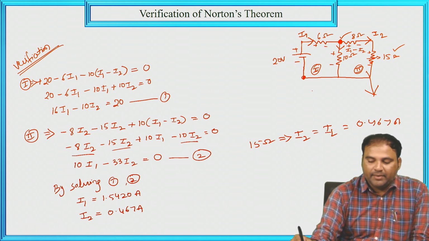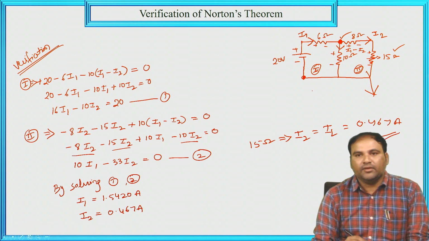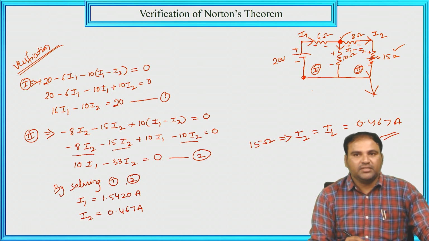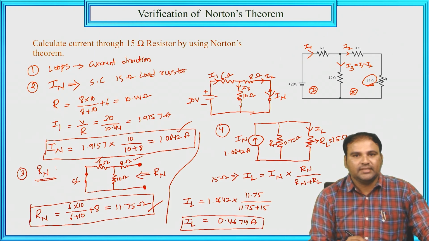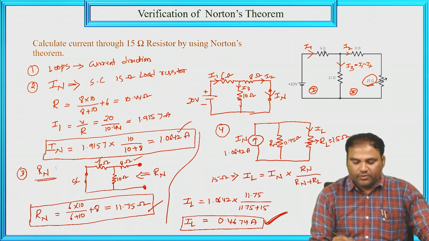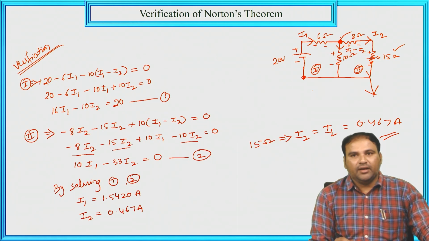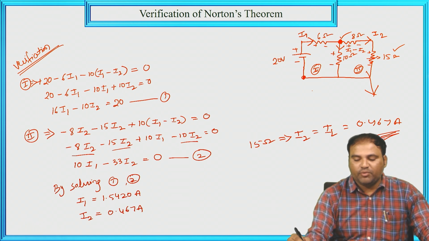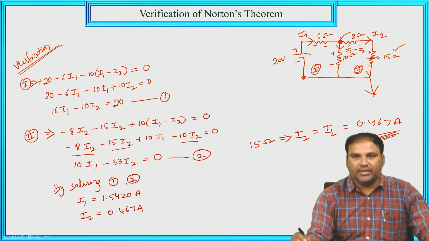0.467 ampere. Previously, by using Norton's theorem also, we got 0.467 ampere load current, and by using the Kirchhoff laws also we are getting 0.467 amperes, right?